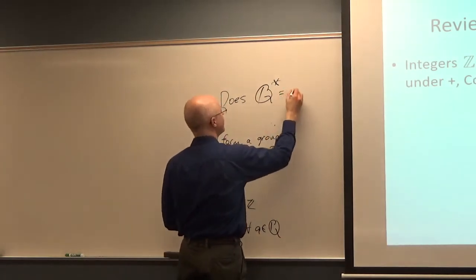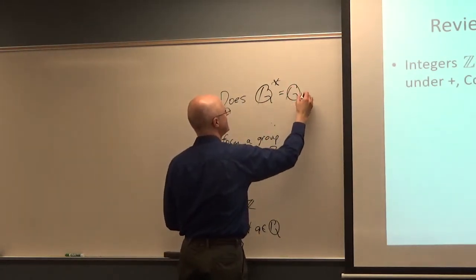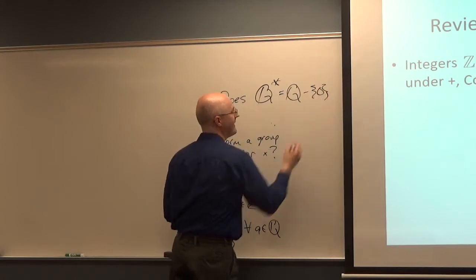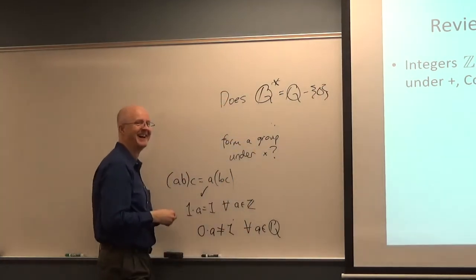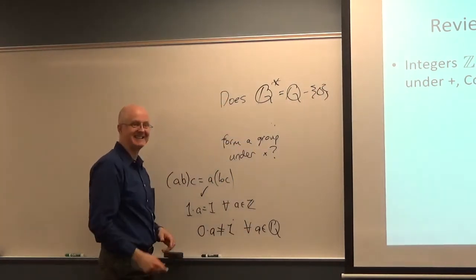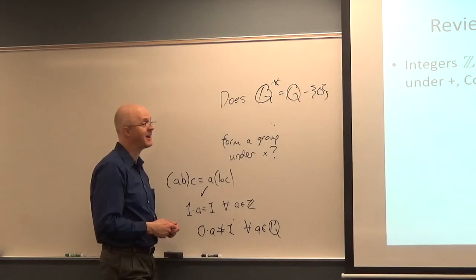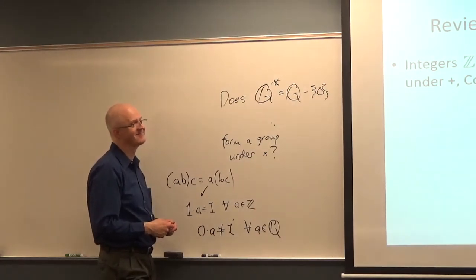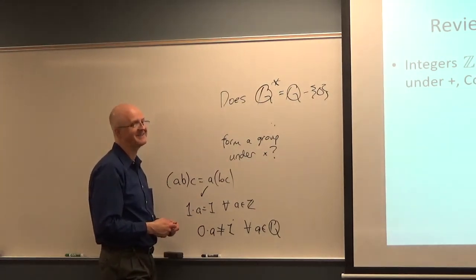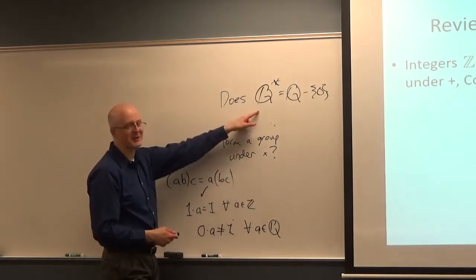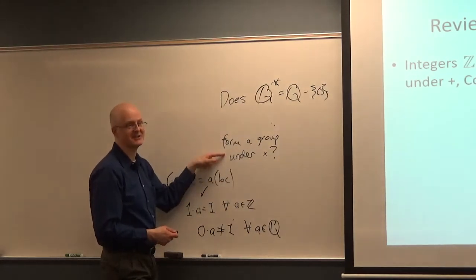Q star is by definition as a set defined to be Q take away 0. This set does satisfy the properties of a group under multiplication. Not under addition though anymore, because you took 0 out, you took the additive identity out. So it's not a group under addition, but it is a group under multiplication.